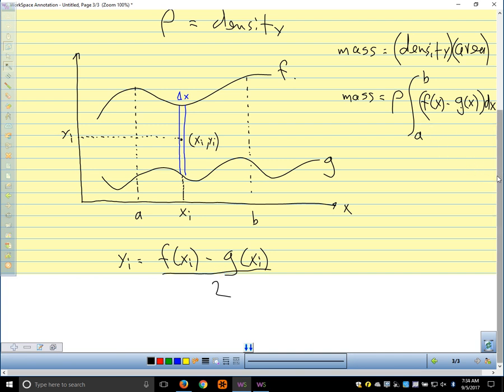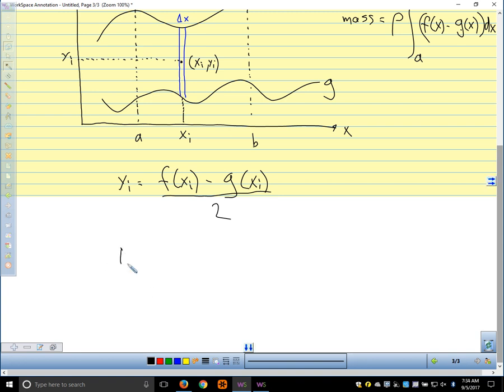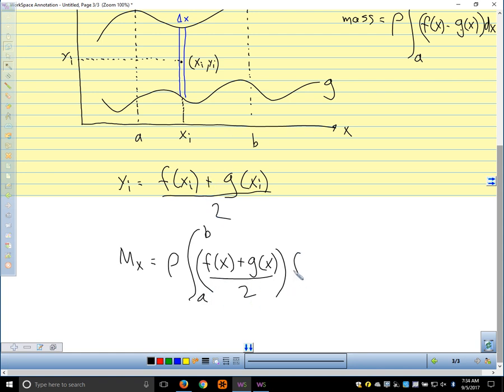x-axis. So our moment about the x-axis is rho times the integral from a to b, the distance from the x-axis, f of x plus g of x over 2, times the area of that rectangle, f of x minus g of x dx.